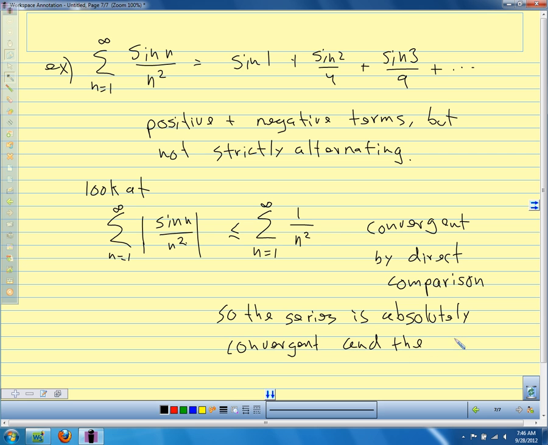And the original also converges. So we had to be a little trickier with this one.